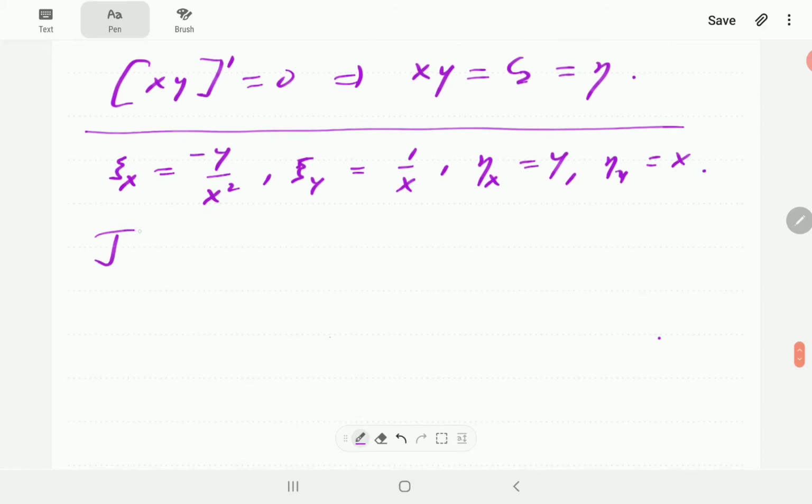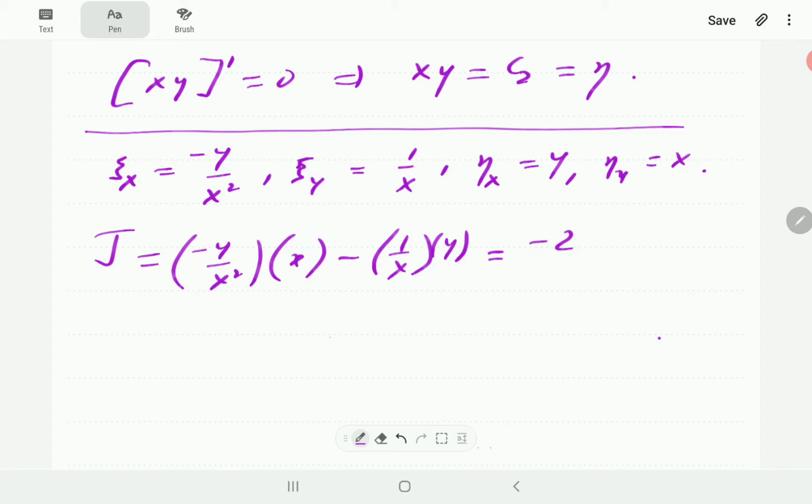So the Jacobian is going to be minus y over x squared times x minus 1 over x times y. So it's going to be minus 2y over x. This is not going to be equal to 0 because neither x nor y is 0 in this PDE.